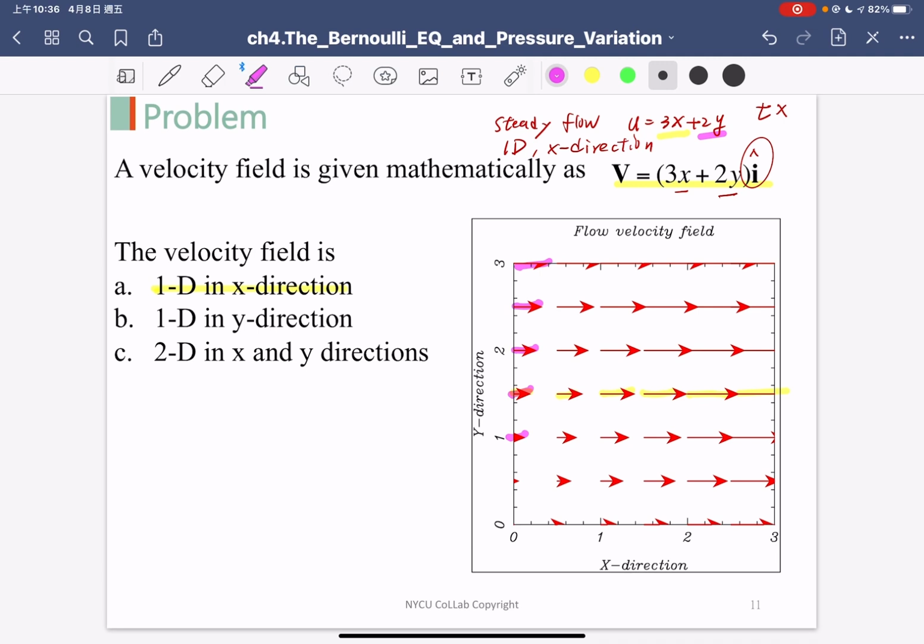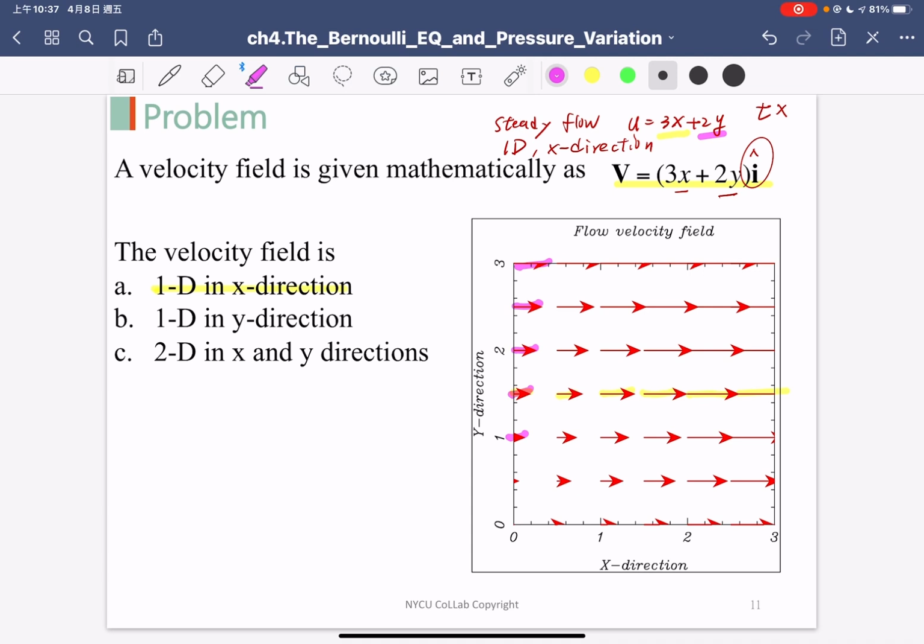So the velocity as a function of x, y only controls how different points have different velocity magnitudes. That doesn't mean it's a 2-dimensional flow. The dimension of the flow only depends on i, j, and k.